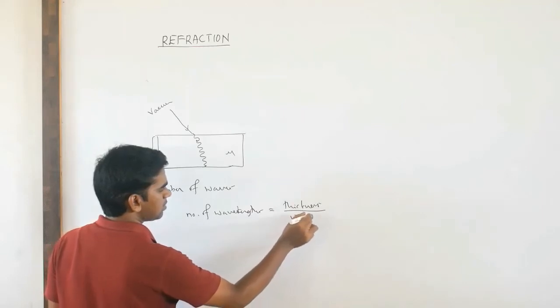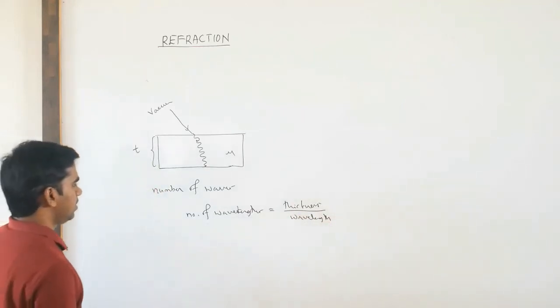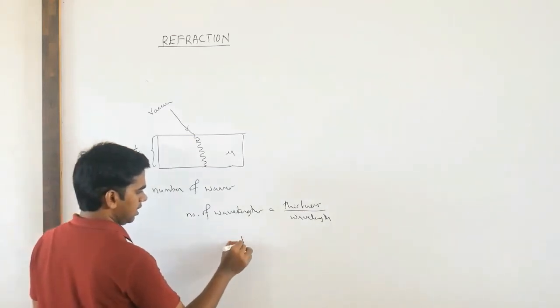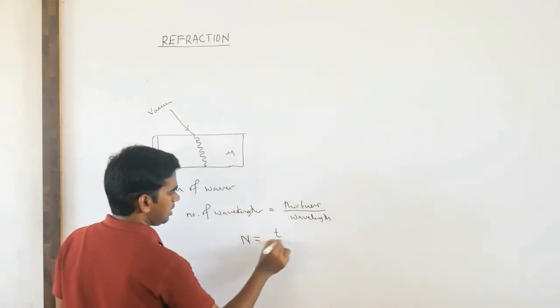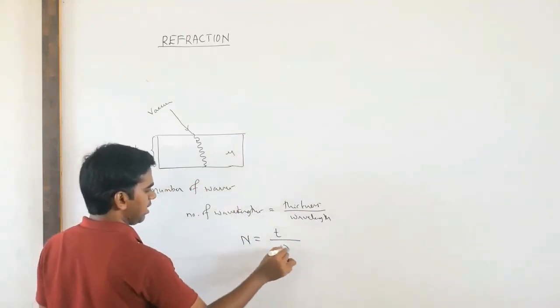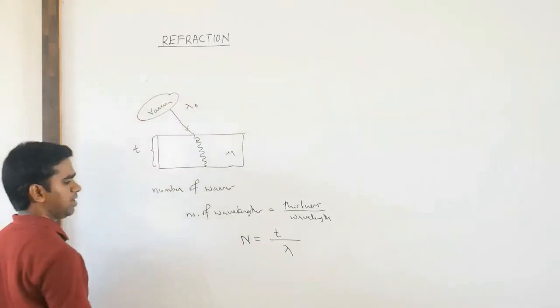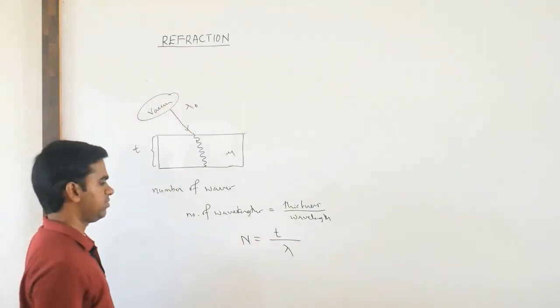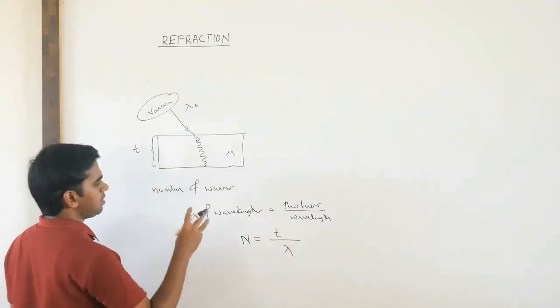So number of waves n equals T divided by lambda, but lambda is not given. For vacuum we know it is lambda naught, so the answer should be in terms of lambda naught. Can we replace this lambda by lambda naught?